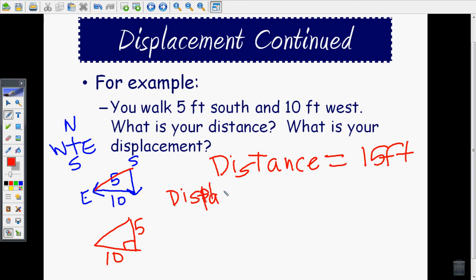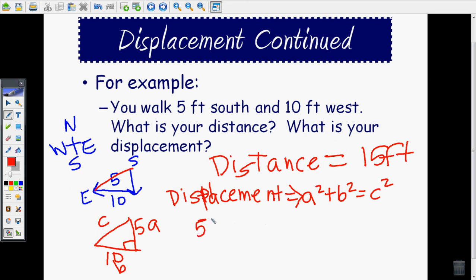So your displacement is, you have to use a squared plus b squared equals c squared. And it doesn't matter, you could make this one A, you could make this one B, you could make either one A, B, it doesn't matter as long as the side opposite the right angle, so this one here, has to be C. So I'm going to make 5 squared plus 10 squared equals C squared, so 25 plus 100 equals C squared. 125 equals c squared.